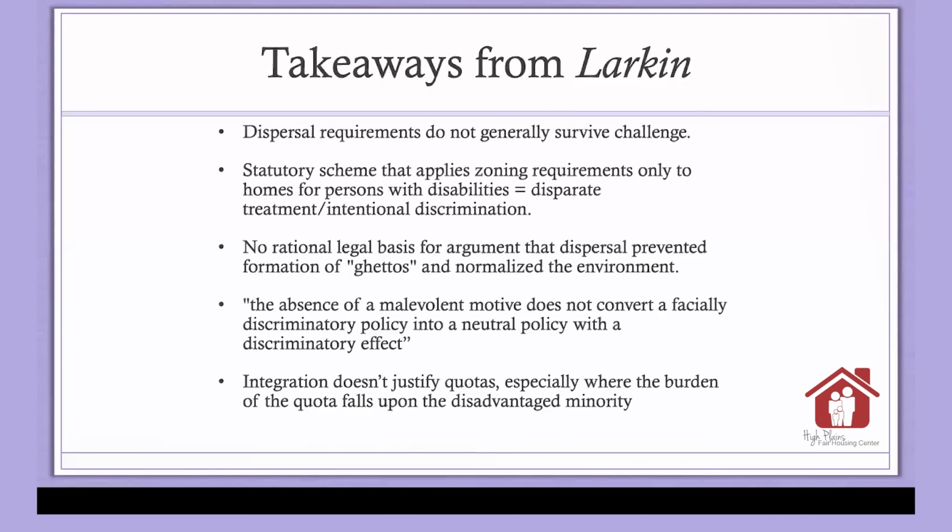We don't want all the homes for people with disabilities to be clumped up together. That's a valid argument or a valid policy. We want to promote integrated neighborhoods, but it doesn't justify quotas, right? Especially where the burden of the quota results in fewer opportunities for the disadvantaged minority, persons with disabilities, to find housing.